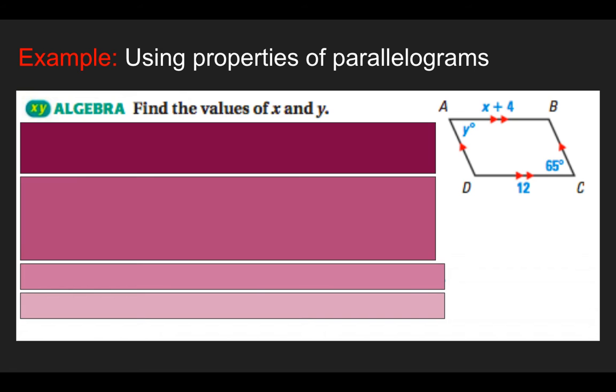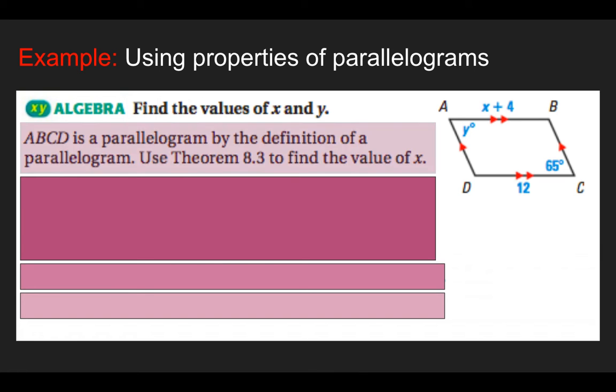If we want to find the values of X and Y, we can use the fact that the opposite sides and opposite angles are congruent to do this. ABCD is a parallelogram by the definition. Use theorem 8.3 to find the value of X. AB has to be congruent to DC.